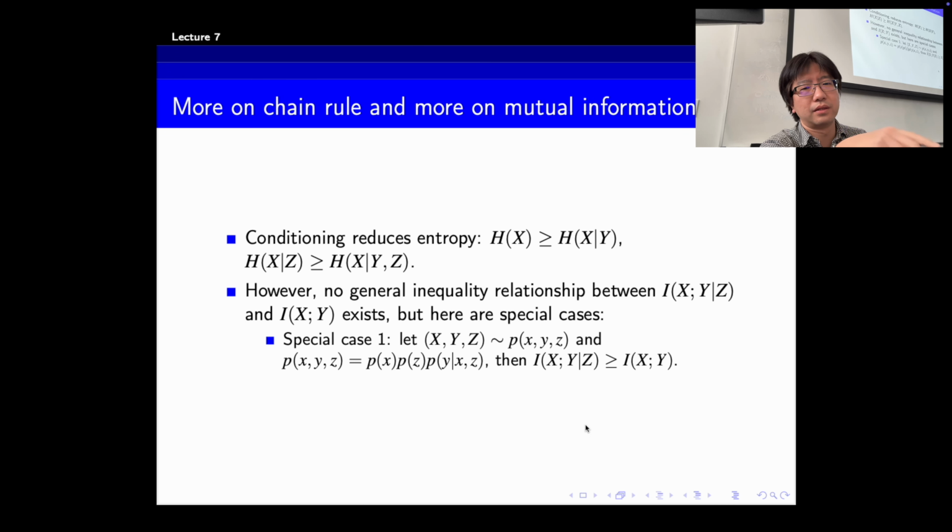Mutual information can be written as the difference between the entropy and the conditional entropy. For the first term, let's say it's H(X), and for the other term it's H(X given Z). If Z and X are independent, then the first term H(X) and H(X given Z) are the same, but for the latter term it could be different.